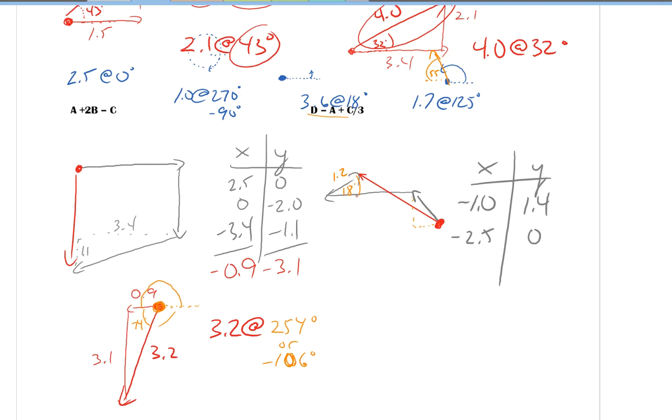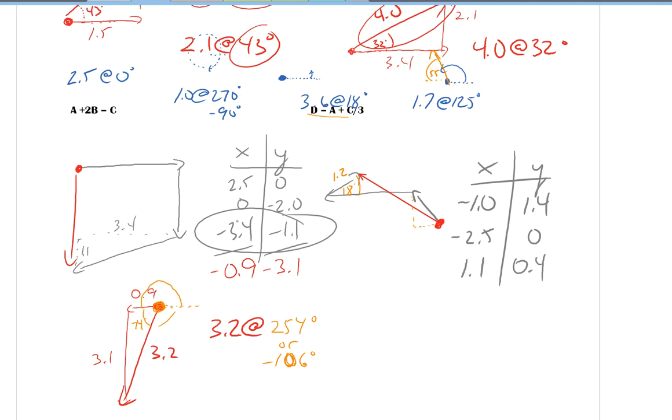So I'll do 1.2 cos 18 and 1.2 sine 18, and I will get my components. The x component is around 1.1, and the y component is around 0.4. You could also have just taken the components from the full-length c vector and divided them by 3. It doesn't really matter for what we're doing.